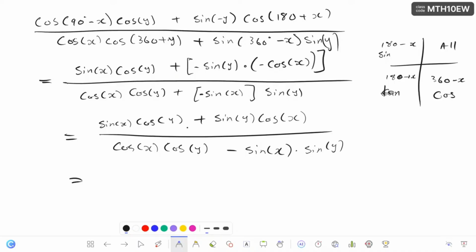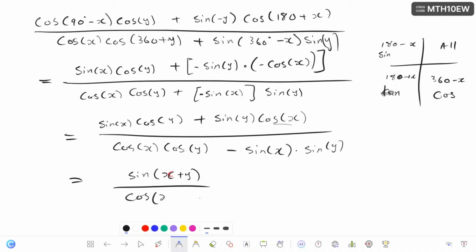So this one here is going to give us sine. Let's check: is sine x cos y. I'm supposed to start with this one, but it's fine. But we can see that it is sine y cos x. So this one is the same as sine of x plus y. Then this one is cos.